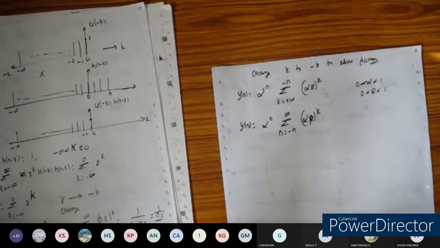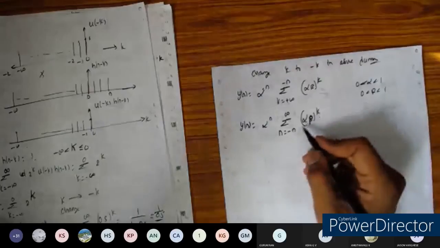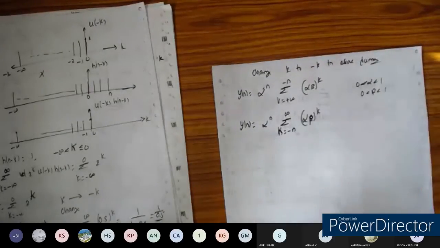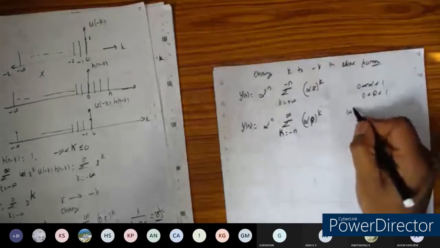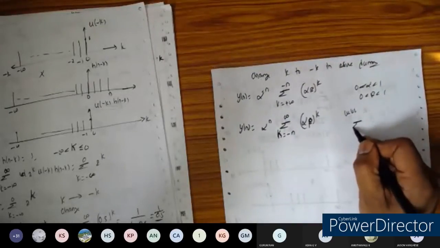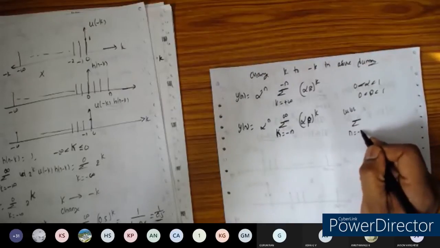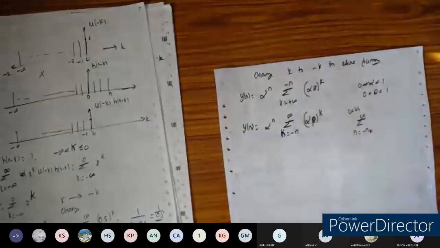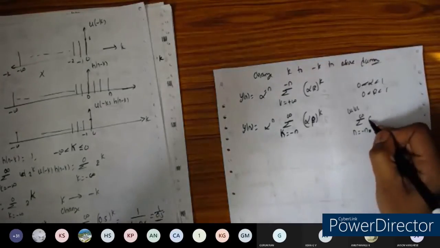So already we know this one. This is k taking the value from minus n to infinity. In the previous problem we derived the formula. We know the summation for n equal to minus n naught to infinity of a to the power of n.